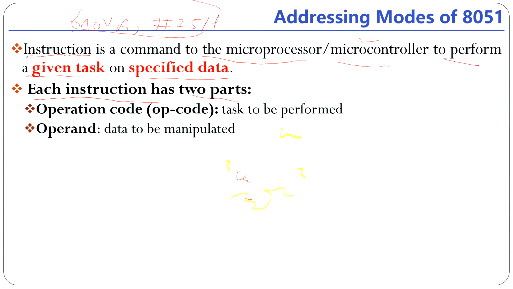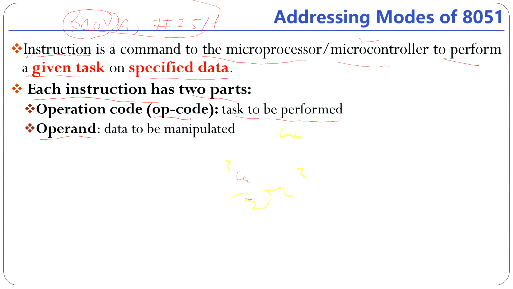Okay. Now we come to this: each instruction has two parts. Suppose this instruction has two parts. First part is the opcode, that is the operation code. This thing is called the operation code, we can say opcode, right? That means the task to be performed. Next thing, operand.